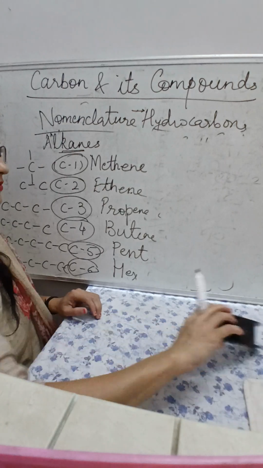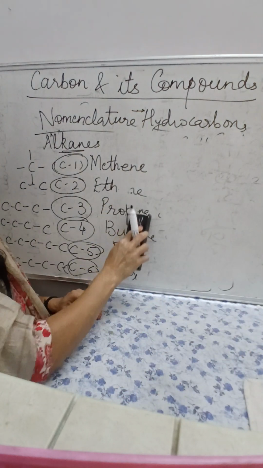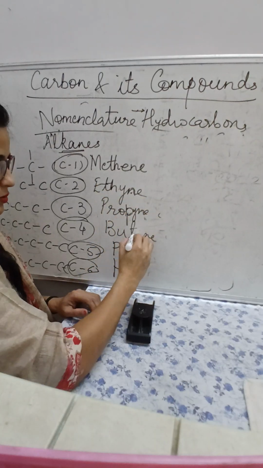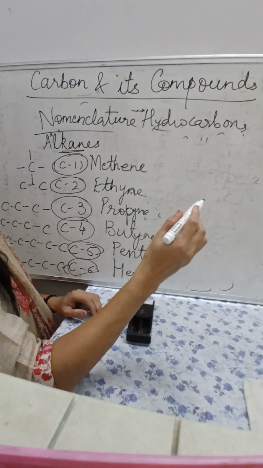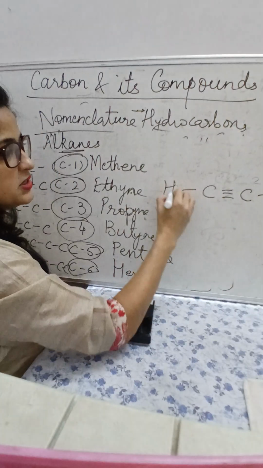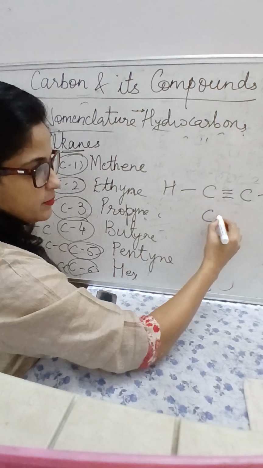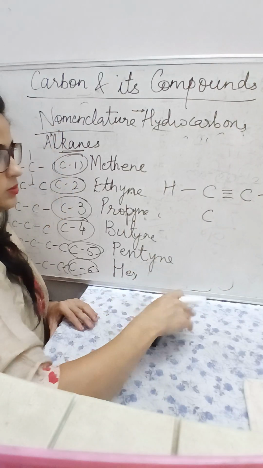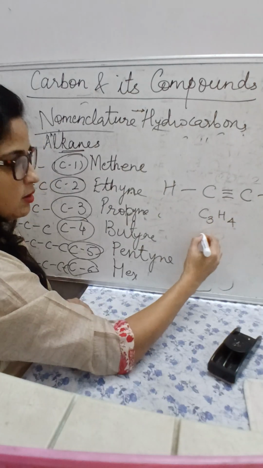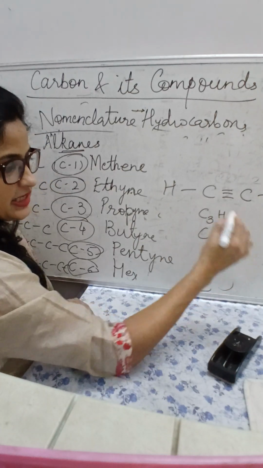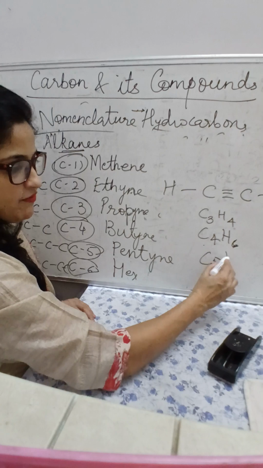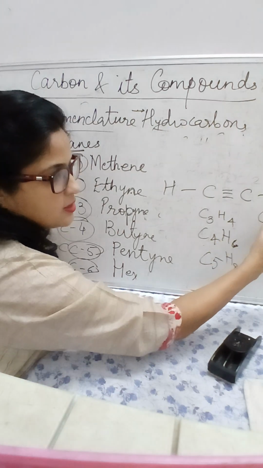So this is called ethyne, propyne, butyne and pentyne. The formula has a triple bond. Ethyne C2H2, propyne C3H4, butyne C4H6 and pentyne will be C5H8.